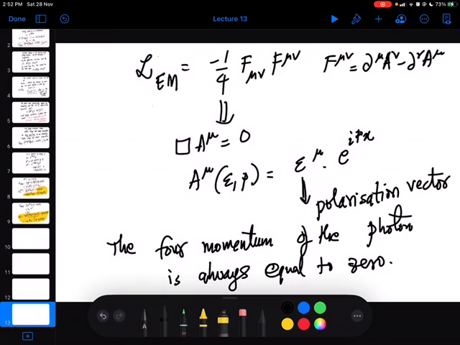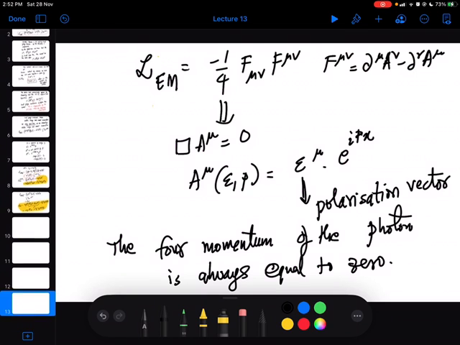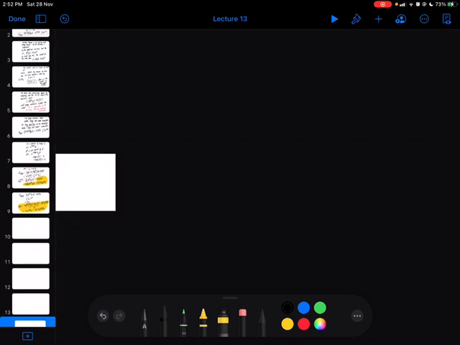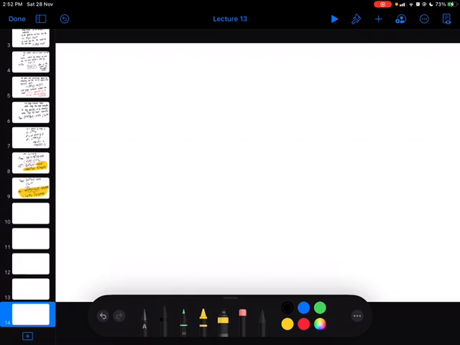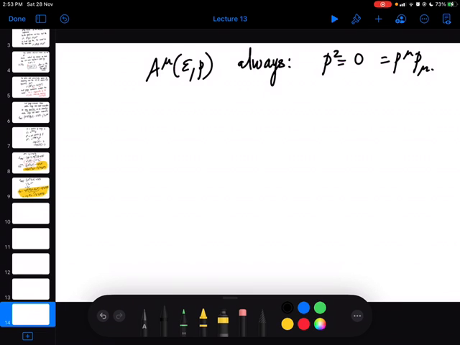Why? Because it's massless. If you take any photon and take its 4-momentum, p² is always equal to 0, where p² is p_μ p^μ.